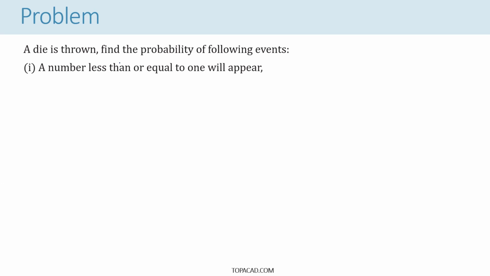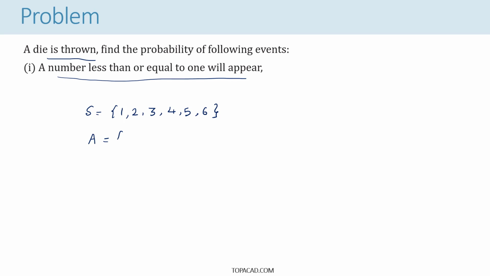To understand this concept better, let's do a problem. A die is thrown. Find the probability of the following events. A number less than or equal to 1 will appear. So when a die is thrown, what is the sample space? Sample space could be 1, 2, 3, 4, 5 or 6. Let A be the event where a number less than or equal to 1 will appear.